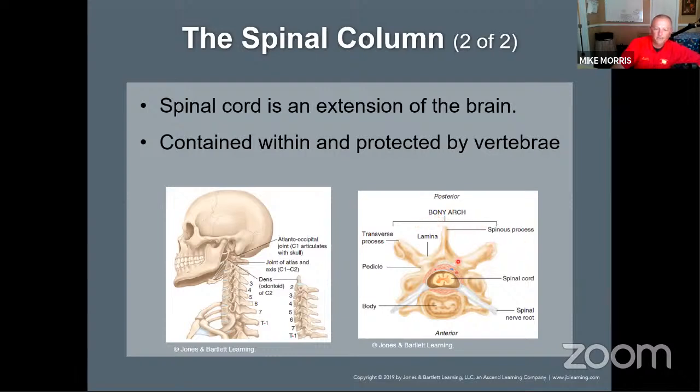We'll come back to this if we need to revisit this. Right now, just understand that this is where the spinal cord is, how it's protected, and how if you have a fracture, one of these things can become very sharp, and this is how spinal cords are severed or lacerated.